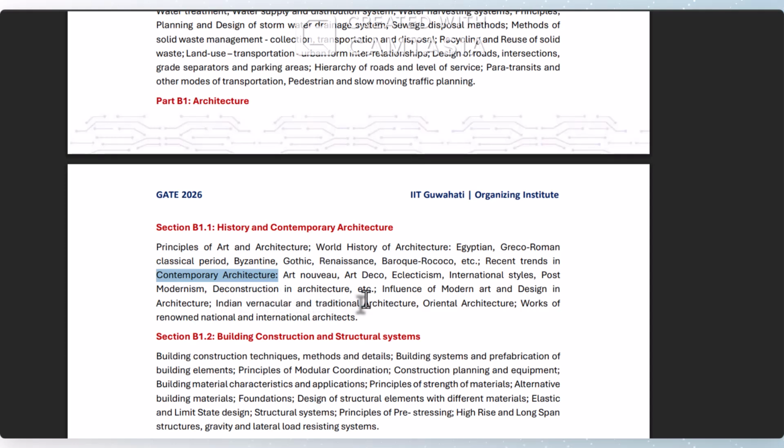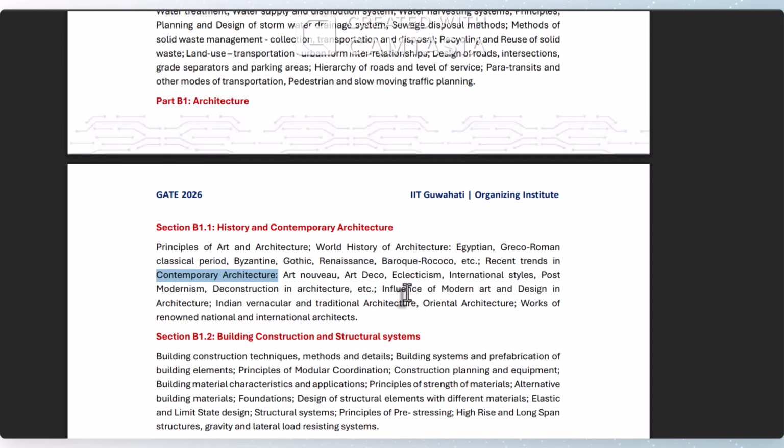The work of masters like Le Corbusier, Frank Lloyd Wright, Louis Kahn, Charles Correa, and B.V. Doshi. A typical GATE question can be to identify which building represents deconstructivism or to match the architect with the movement. These are questions you can expect in the exam.